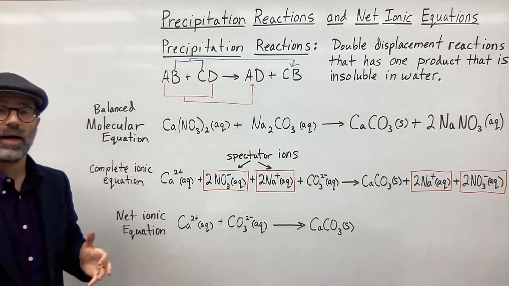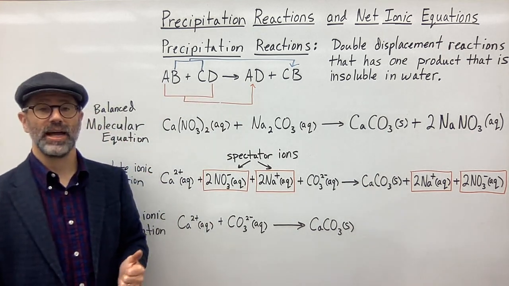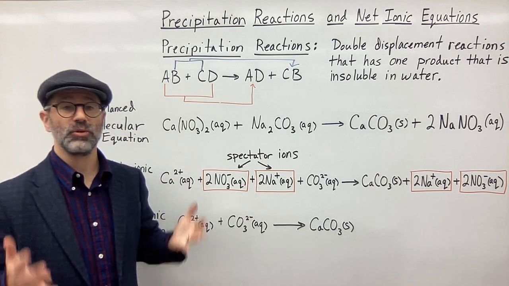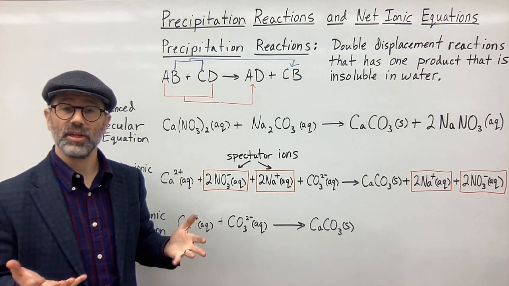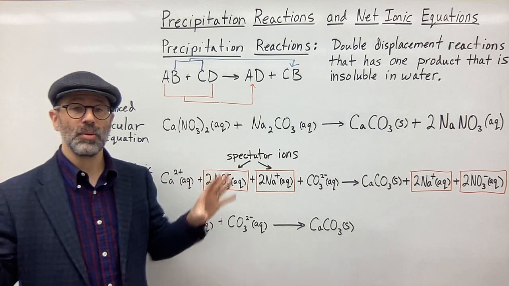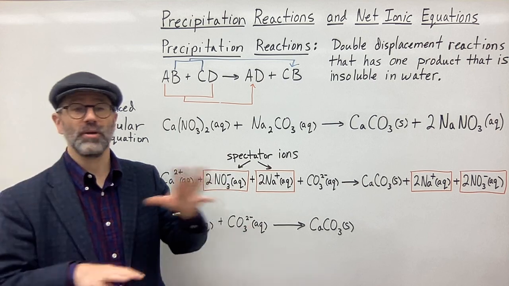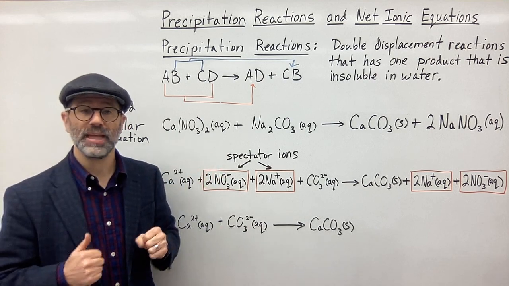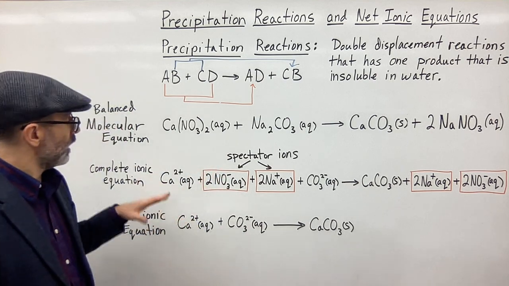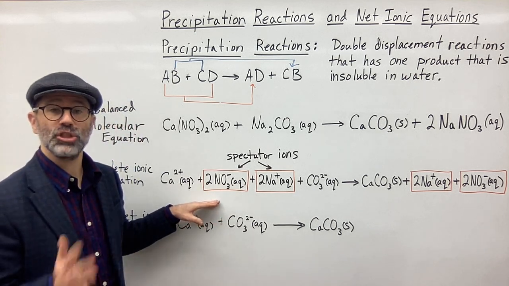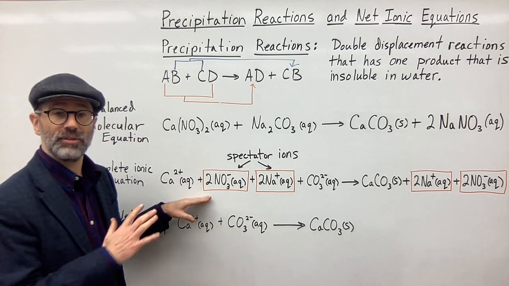Okay, now I talked earlier about spectator ions. Remember, spectator ions are the ions that aren't involved in the reaction. They're just doing nothing. They were floating around in separate beakers before they were mixed together. And then once they're mixed together, they're still floating around doing nothing. They're really not interacting with anything. So you can identify the spectator ions by the ions that don't change from the left and the right.